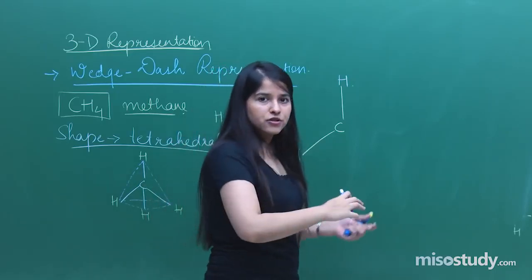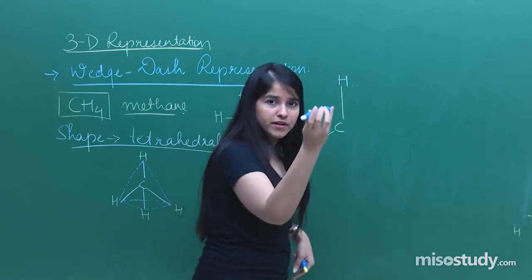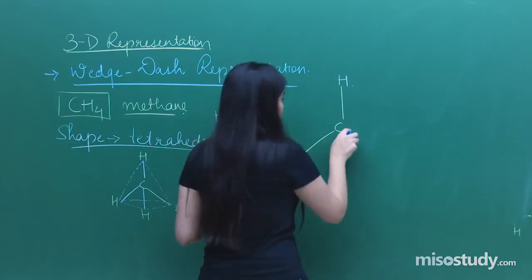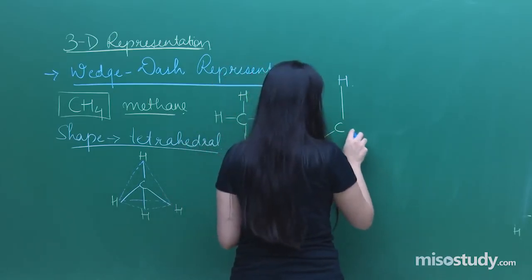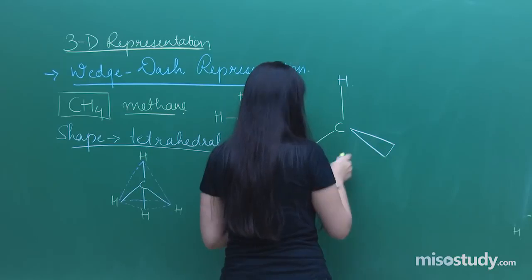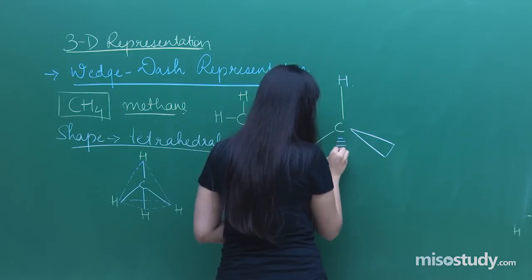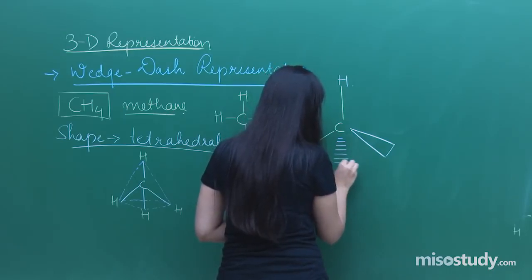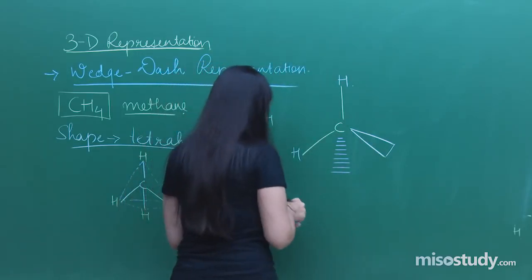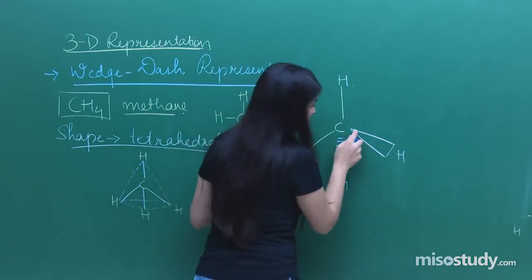And of the remaining 2, one is lying behind this board and one is lying towards you. That means I need a 3D representation. So let me draw that first. It would be like this. Let me mention the hydrogens here. What is this kind of representation?